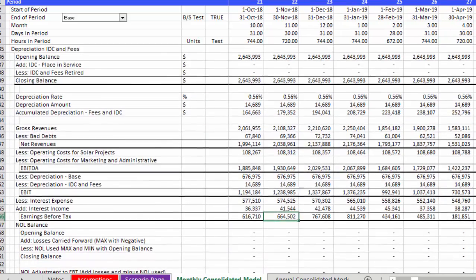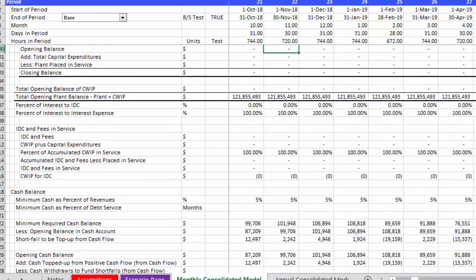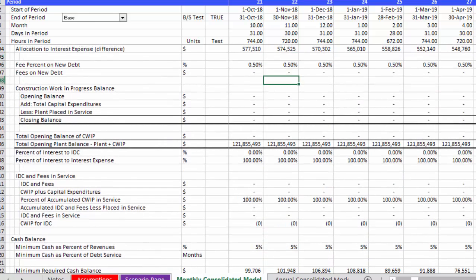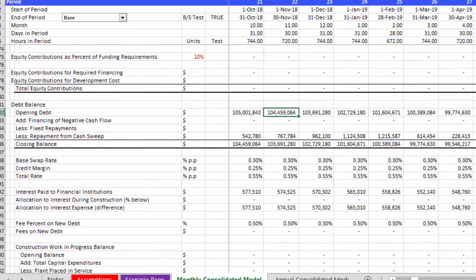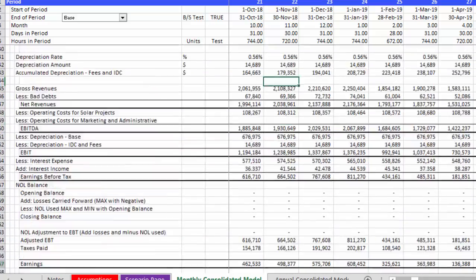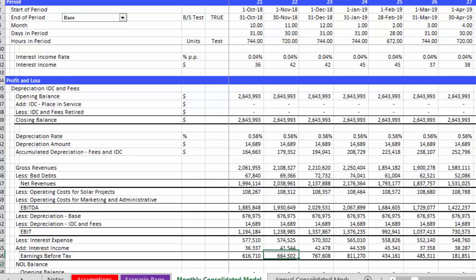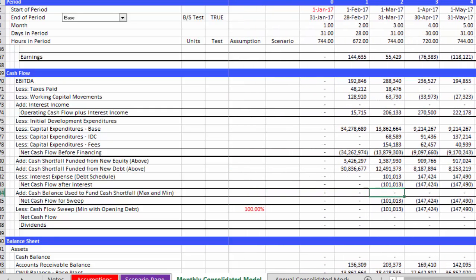I'm looking why that sweep was so little, and there's something wrong, it looks like, because I should have swept all the cash flow. Add cash, oh no, this is the cash balance, excuse me, that's okay.